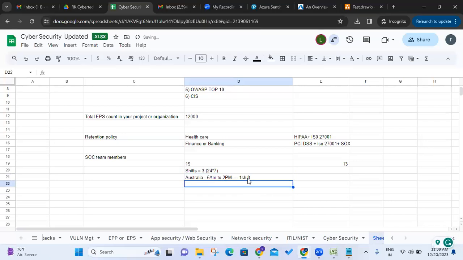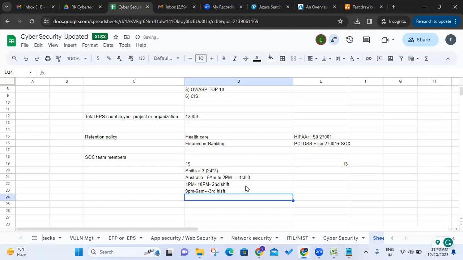Next is the second shift. The second shift starts from 1 p.m. to 10 p.m. The third shift is 9 p.m. to 6 a.m. Why is there a one hour overlap?